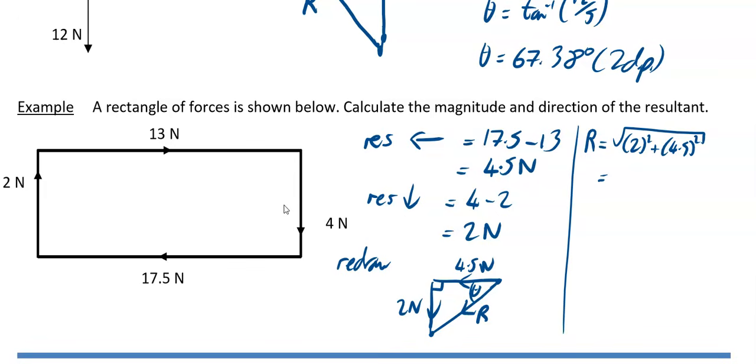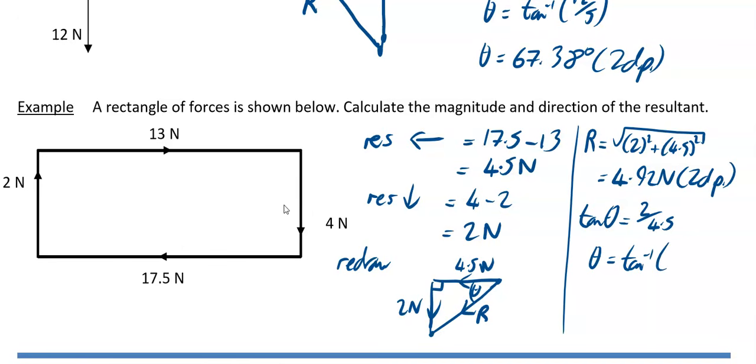I'm just going to do that again just to check. So square root of 2 squared plus 4.5 squared, press equals, and it comes up as root 97 over 2, which is not a very nice surd, so we'll write that as 4.92 newtons, and that's to 2 decimal places. Same idea, your tan theta is equal to 2 over 4.5, which means theta is equal to tan to the minus 1 of 2 over 4.5.